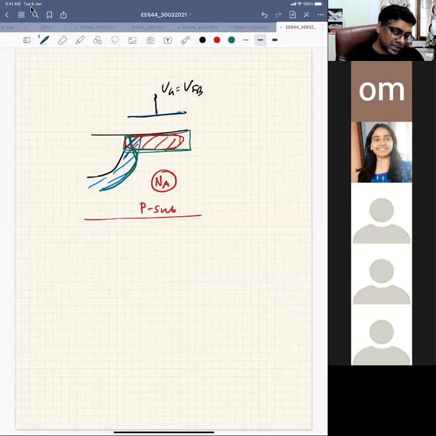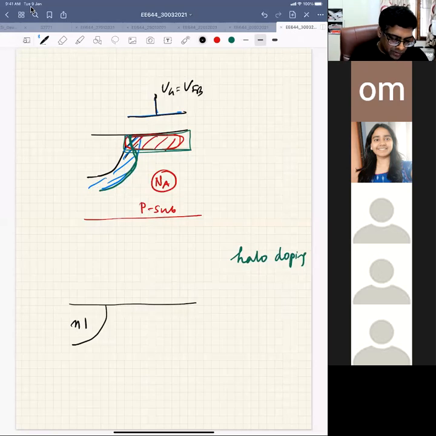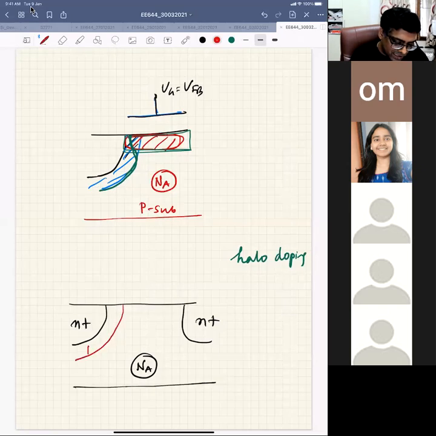People use something called halo doping. Halo doping is nothing but, you have your source and drain area, and this is your P substrate. The P substrate has some doping here, but you also have some halo. That means you somehow create a region here which is a little bit higher, not exactly P plus.